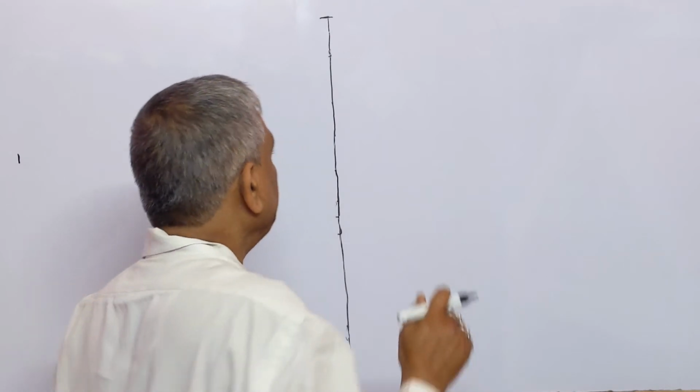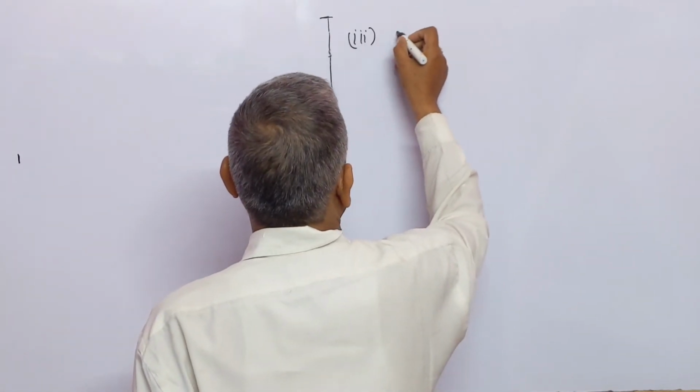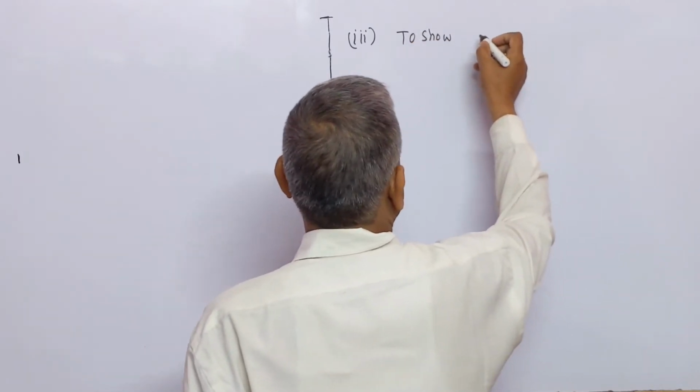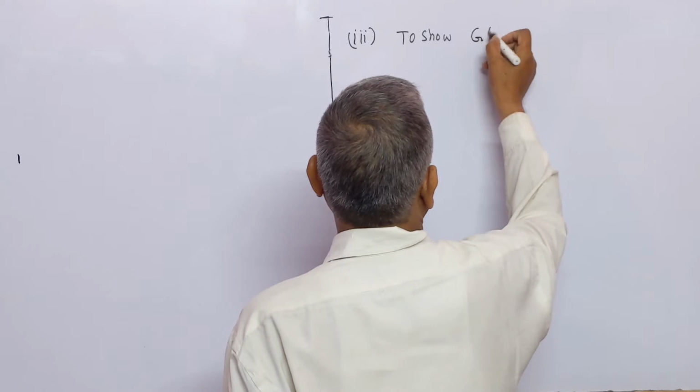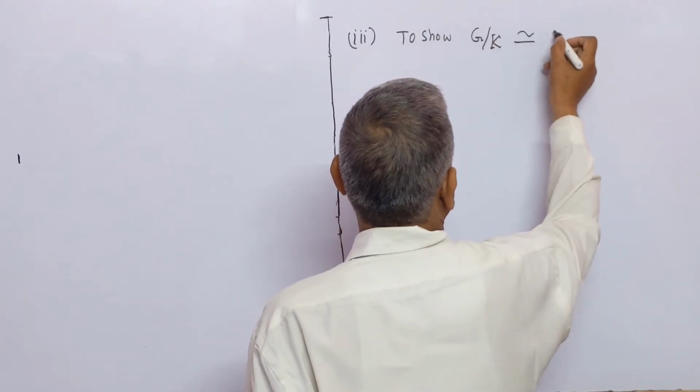Now we solve number 3, to show the quotient group G by K is isomorphic to quotient group G' by K'.